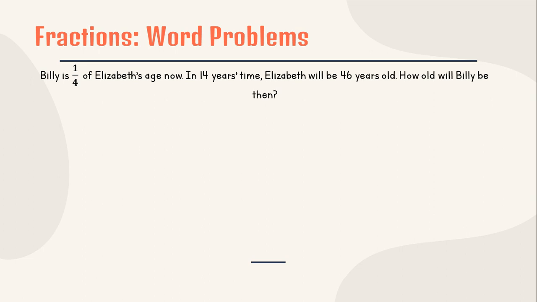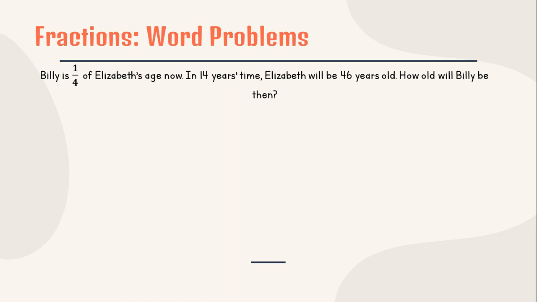Okay, but it's okay. Billy is 1/4 of Elizabeth's age now. It means that Billy is 1/4 of Elizabeth's age. So which one is older, Billy or Elizabeth? Elizabeth, of course.